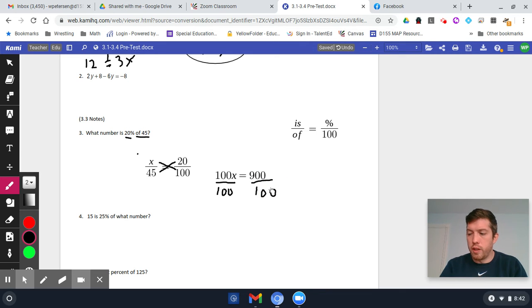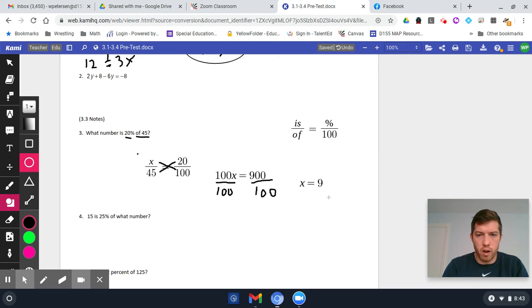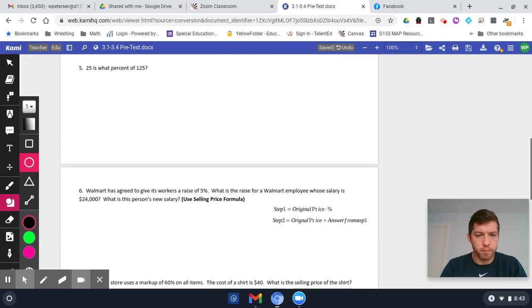Okay. And if you need to use your calculator at that point, you can divide by 100 and you get 9. All right. So our final answer here is just x equals 9. There we go. And so that is just doing our is over of formula. All right. So that is your formula right there. If you need to write it down, make sure you write it down.